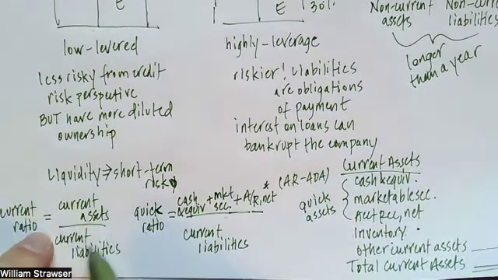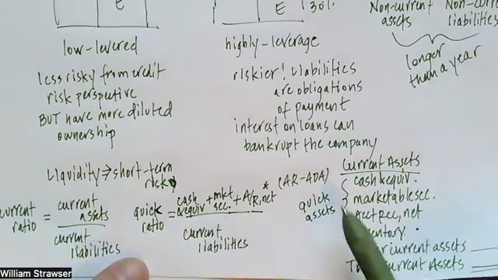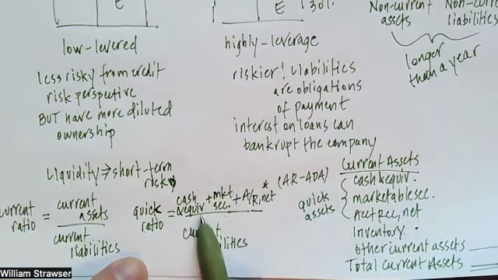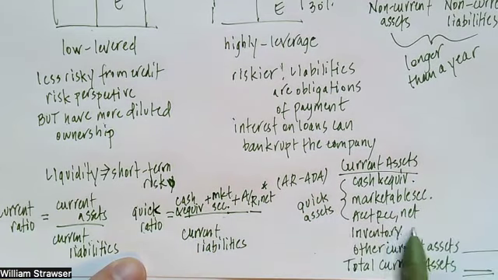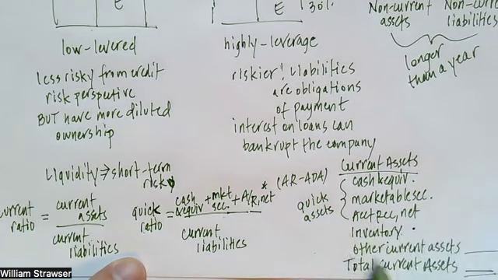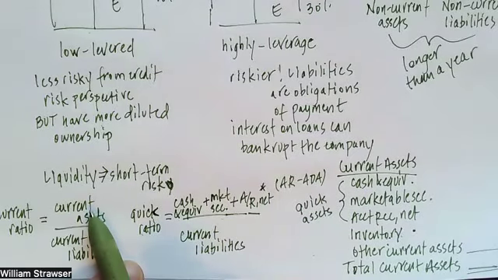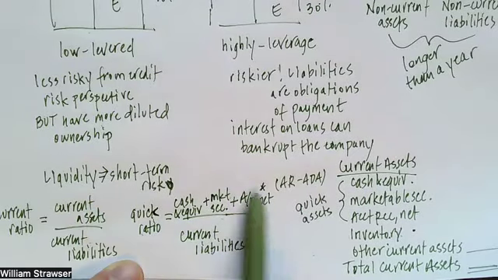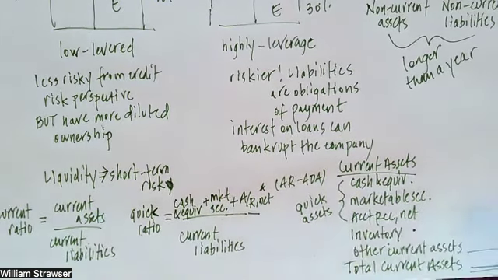It's over one, let's say. They have more current assets than they have current liabilities. That seems like a good indication. If we then turn to their quick ratio and we see something less than one, what that means is that inventory and other current assets must have been making up a bulk of these current assets. But when we look at their quick assets, they might not be as well off.